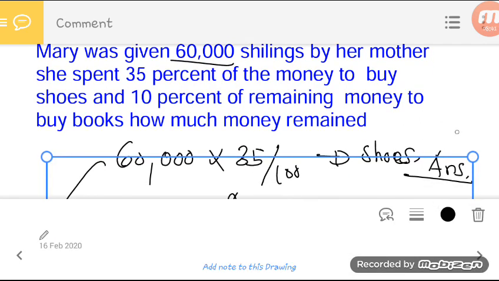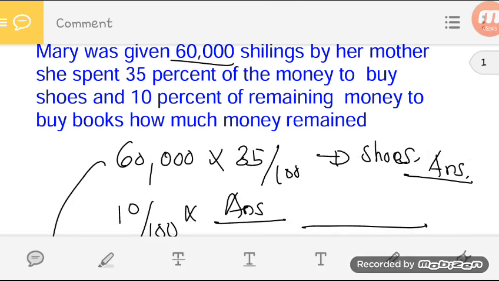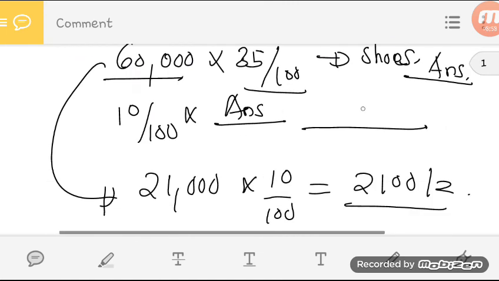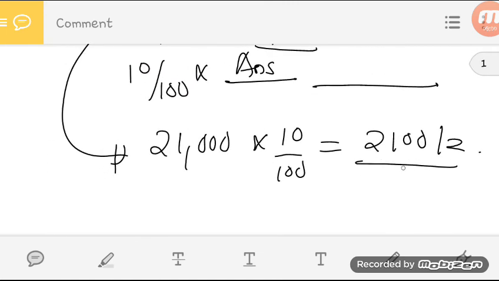If she uses 35% of 60,000, she will remain with 21,000. But after that, if again she uses 10% of 21,000, she will remain with 2,100.